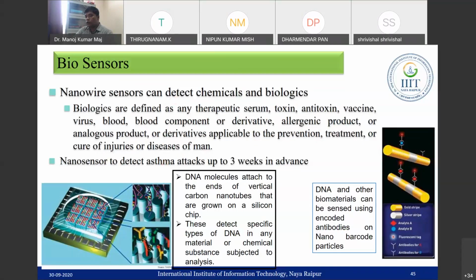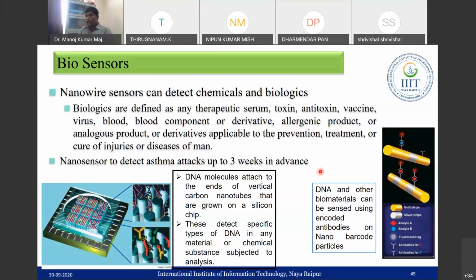It can be used for the detection of these cases, and this is also a very great area of research for medical biotechnology. There we can use this kind of nanobiosensors, and they are also used to detect asthma attacks up to 3 weeks in advance.